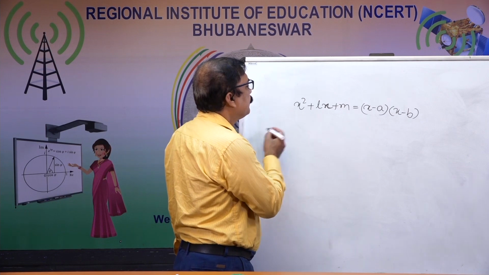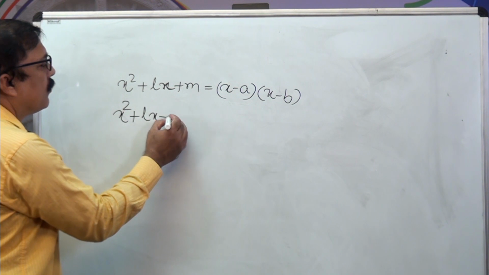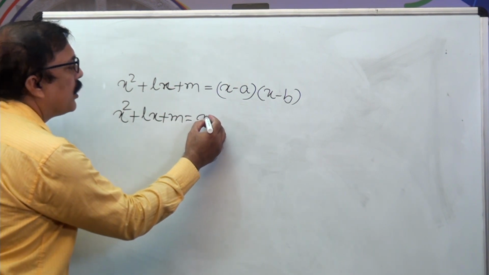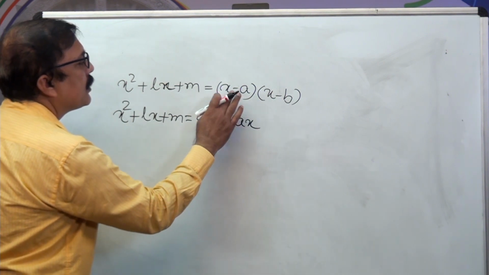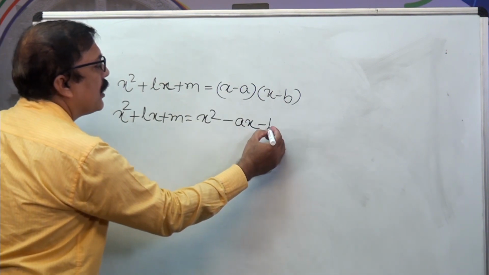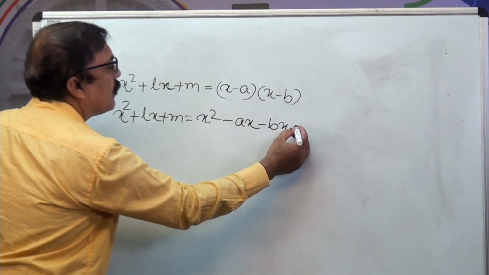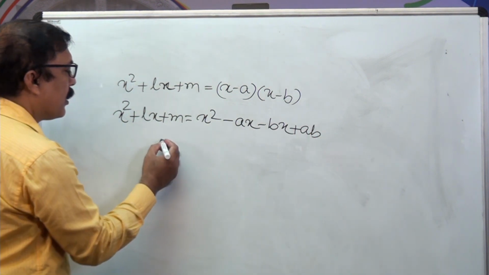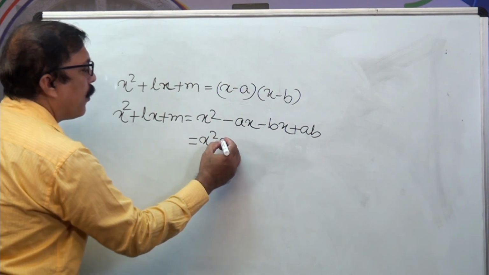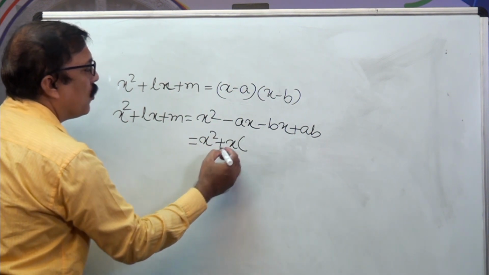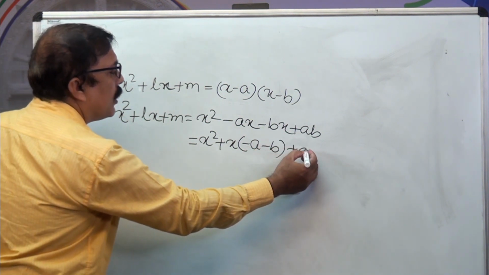In this case, if we write it like this, it gives x square minus a into x, minus b into x, and minus a into minus b gives plus ab. So just compare. This is equal to x square plus x into minus a minus b plus ab.